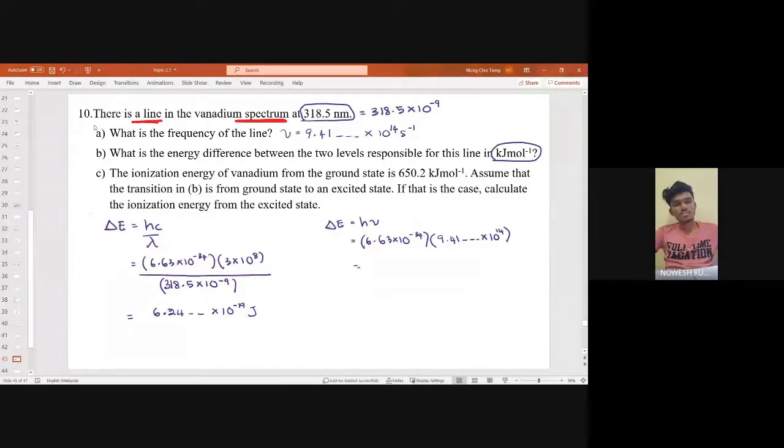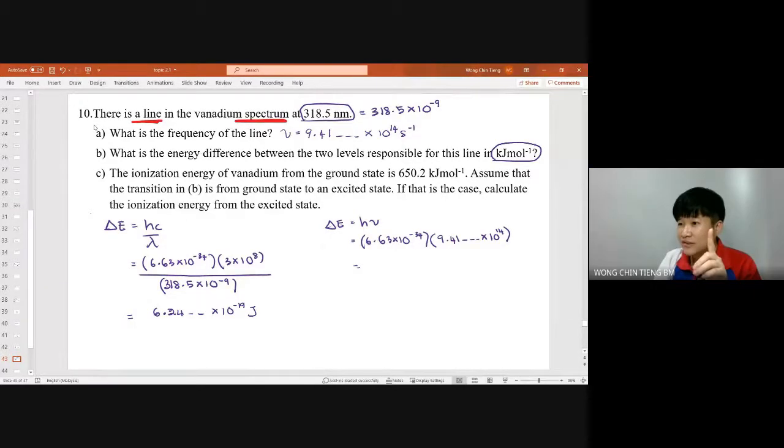Falls down, going down. When the electron falls down, only then does it have light, only then does it have wavelength. Right? Electron falls, energy released. Your answer must have a negative. Okay. Alright. Settle.